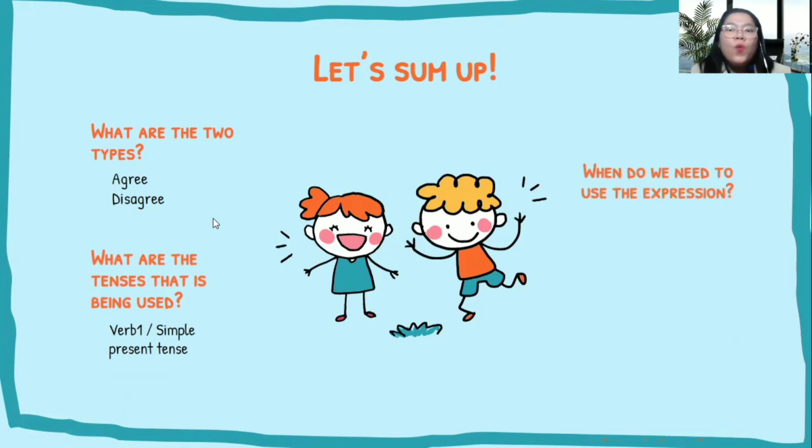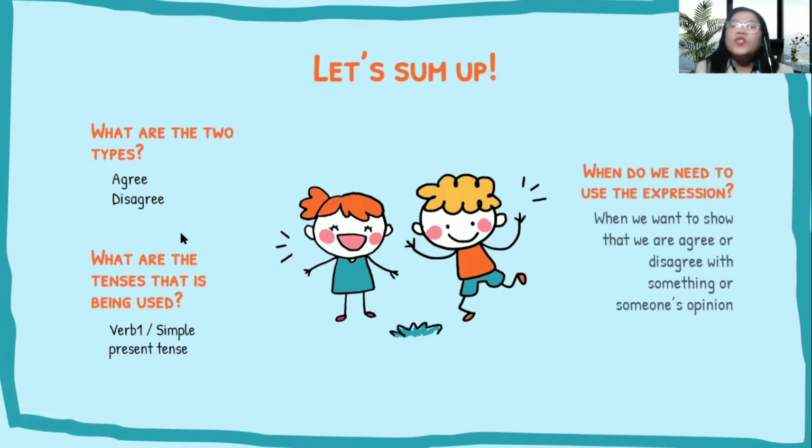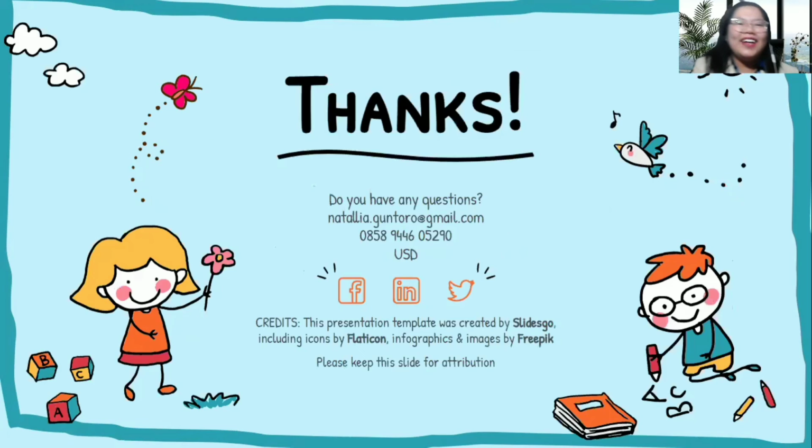And then, when do we need to use the expression? When we want to show that we agree or disagree with something or someone's opinion. So when we agree with someone or disagree with something, we can express our feeling by using the expressions that we have learned. Okay, that's all, students, the materials that we have learned.